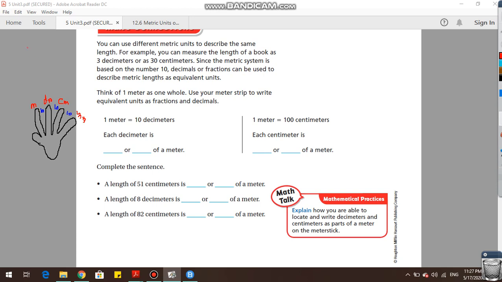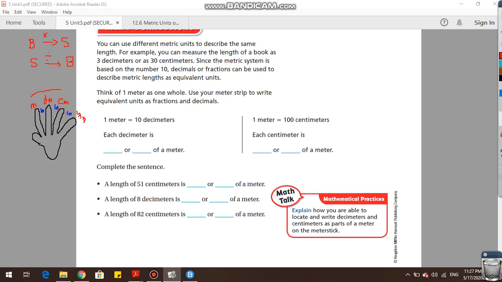Okay, guys, I will give you two important notes. From big to small, multiply. From small to big, divide. As you noticed in the last exercise, to convert from meter to millimeter, I multiplied by 1,000. How about if I want to convert from decimeter to meter?